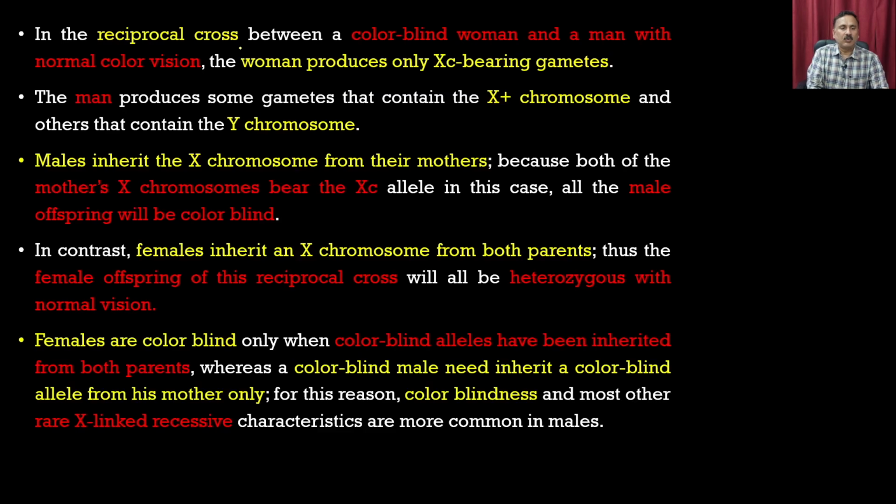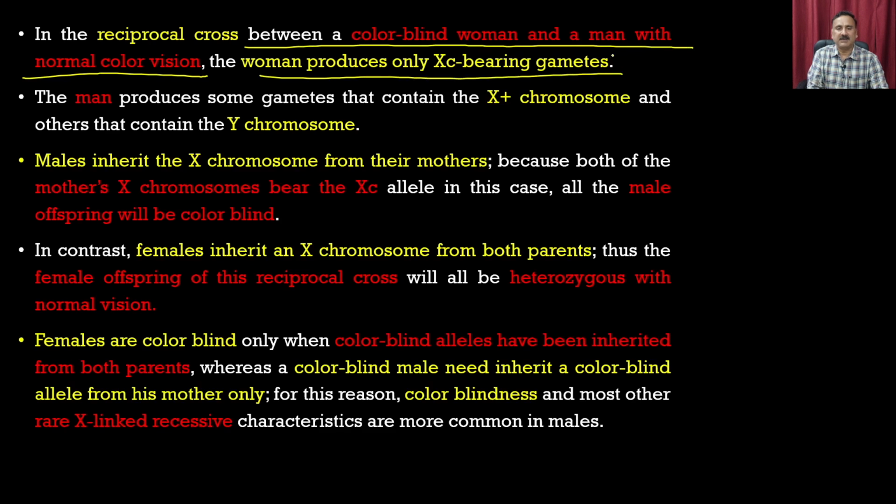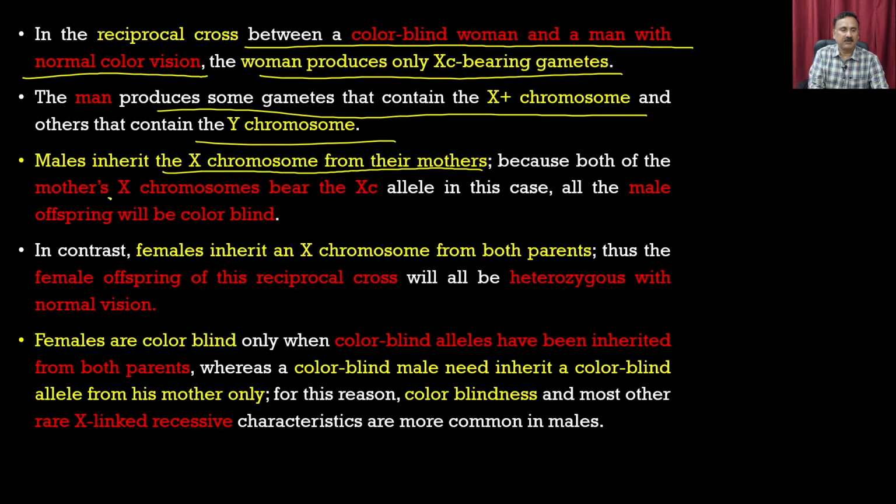In the reciprocal cross between a color-blind woman and a man with normal color vision, the woman produces only X-bearing gametes. The man produces gametes with an X and a Y chromosome. Sons inherit the X chromosome from their mother, and because both of the mother's X chromosomes bear the X^c allele, all the male offspring will be color-blind.